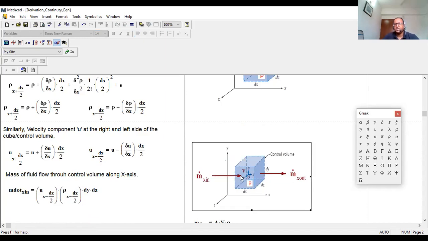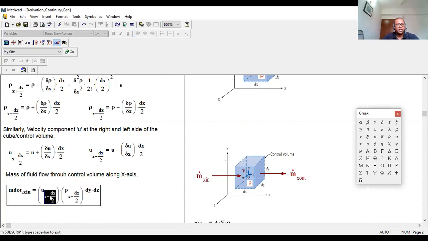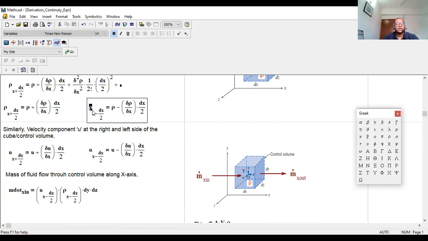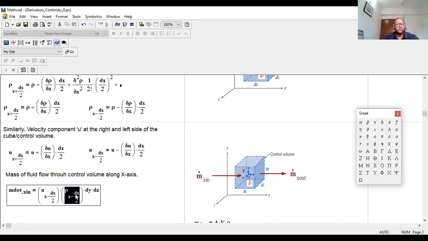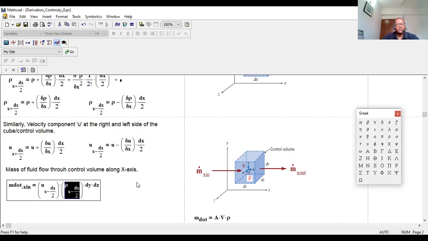I need the velocity at the left side. This is my velocity, left side, this one. The density at the left side, density right over here, we figure out. Into the area, left side area dy into dz, this area.